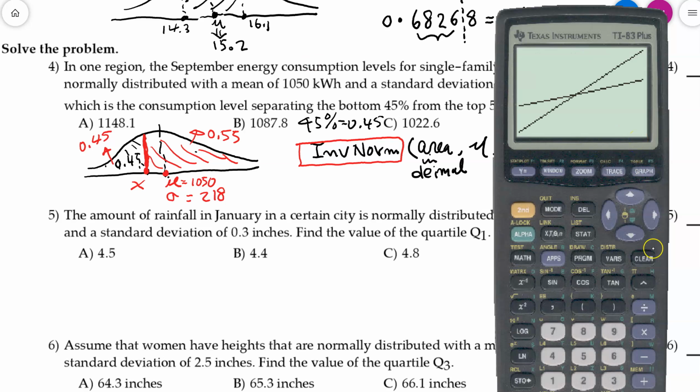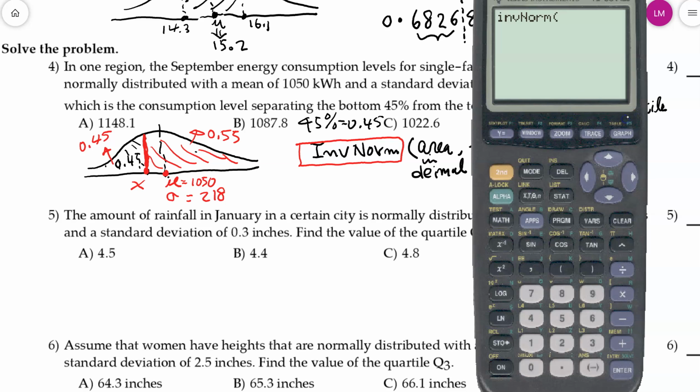Oops. Clear. Do it again. Second bars, go to number 3, hit enter. Then you put 0.45, comma, 1050, comma, 218.